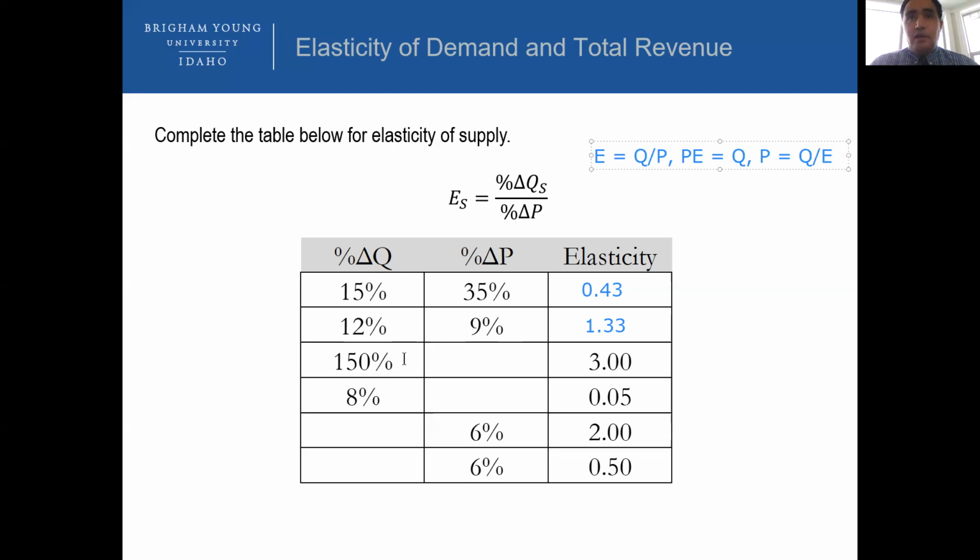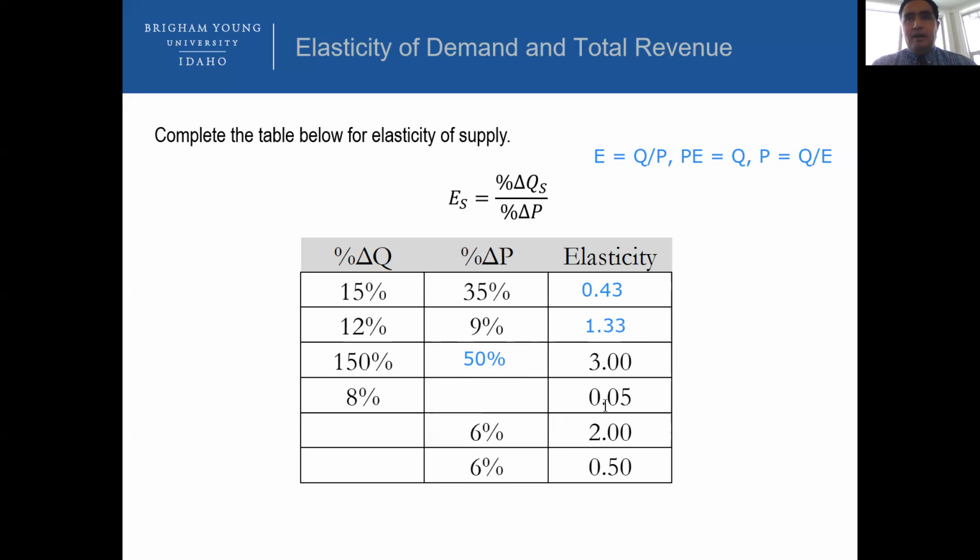And so if the quantity change is 150% and E is 3, that should be easy. That would be a 50% change. We can do that one in our head easily enough. A 50% change in the price would correspond with a 150% increase in quantity with an elasticity of 3. And if you move these signs around, they'll come out to the same thing.